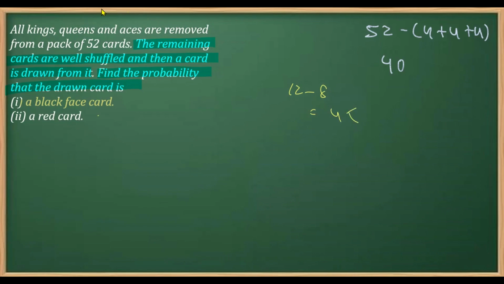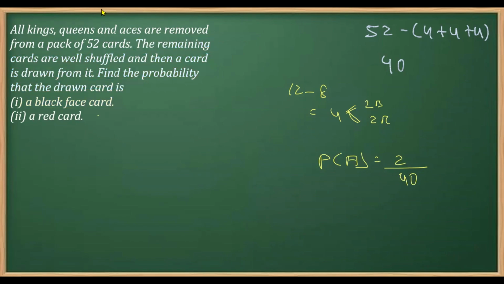Because face cards are king, queen, and jack. So all kings and all queens are removed. That means we are left with only jacks as face cards, and there are 4 jacks, out of which 2 are black and 2 are red. We have to get a black face card, right? So the required probability will be: we are left with 2 black face cards out of the total number of cards, which is 40. So it should be 2 over 40. Later you can reduce it.